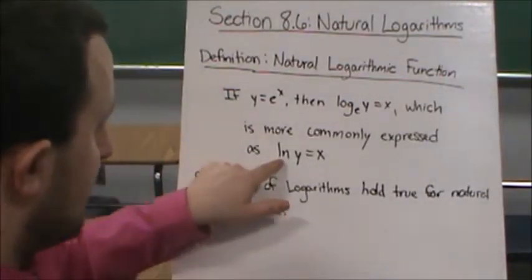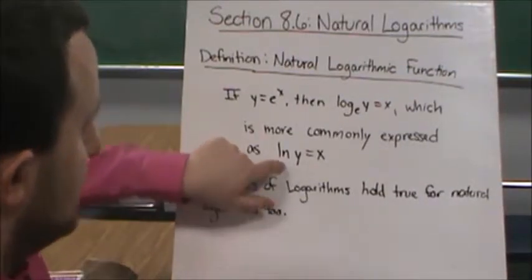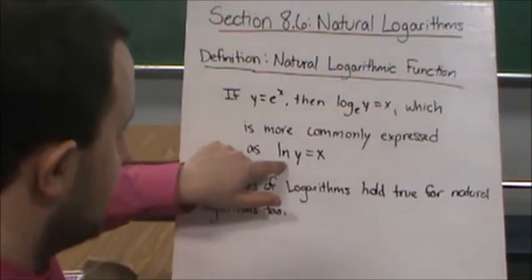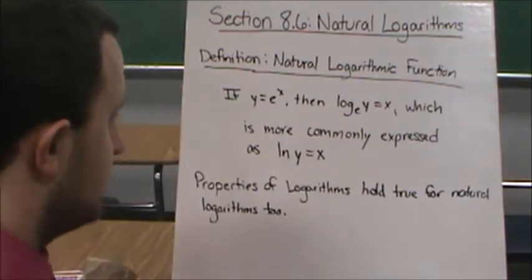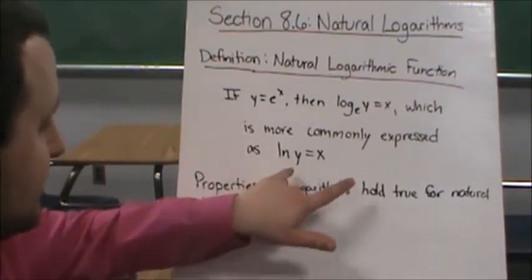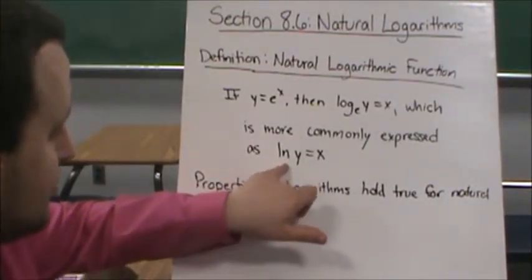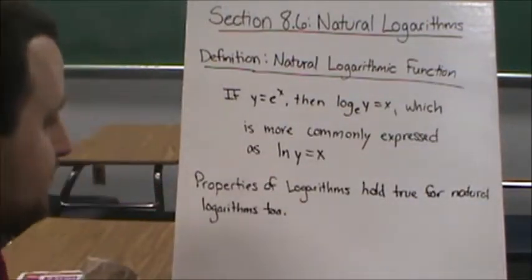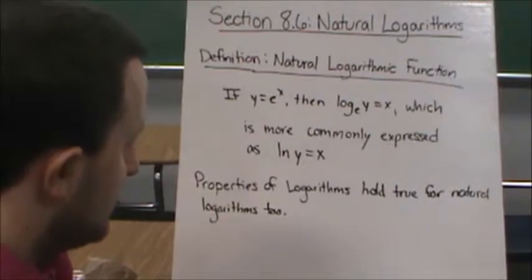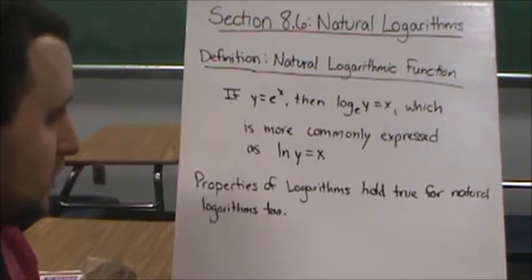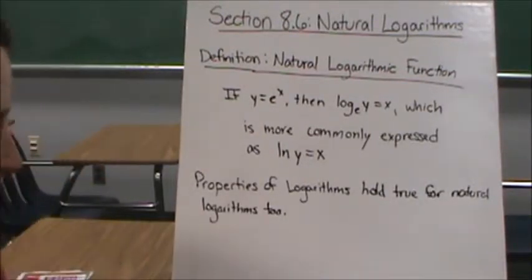This ln represents the natural log part. That's a logarithm with base e. So if you ever see ln of something equals something, immediately think natural logarithm. Know that that has a base of e. And it turns out that the properties of logarithms that you've learned in Section 8.4 still hold true for natural logarithms as well.